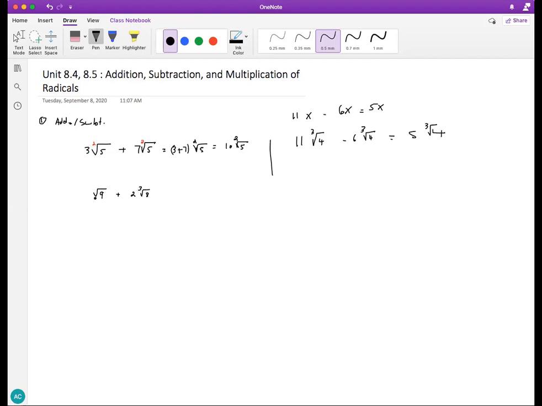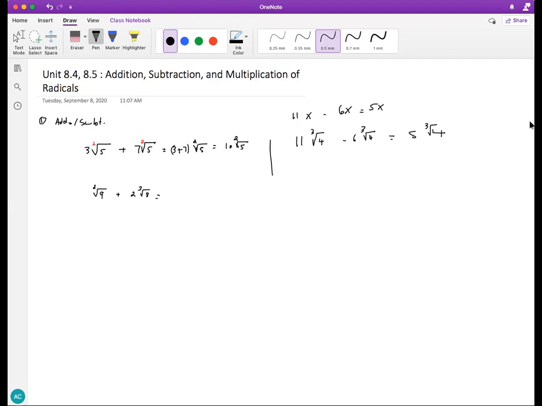What is the index of this radical again, by the way? 2. So an invisible index means index 2. Can we add these two radicals right away? No. That's right, because we have different indexes, also different radicals.